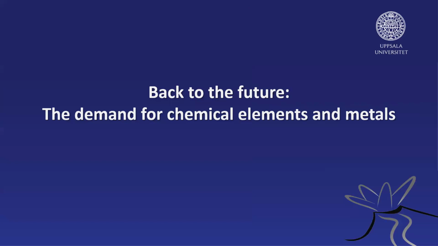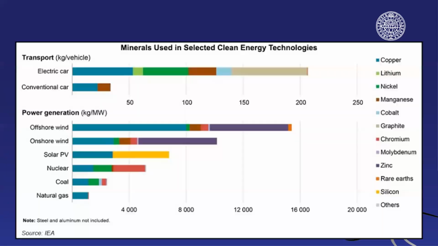Okay, just to wrap this up, the future demand for chemical elements and metals. This is a diagram showing what we need in terms of different chemical elements and metals for electric cars compared to conventional cars and power generation.